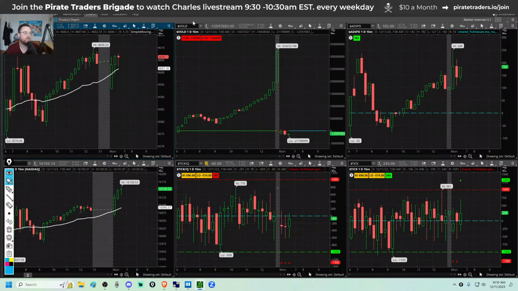The VOLD, the ADSPD, and the TICK are looking at assets on the NYSE, and the TICK-Q is looking at the assets on the NASDAQ. It's measuring momentum, like up volume versus down volume, and price ticking up versus price ticking down. So it gives us an idea when we're seeing something in the futures contract.